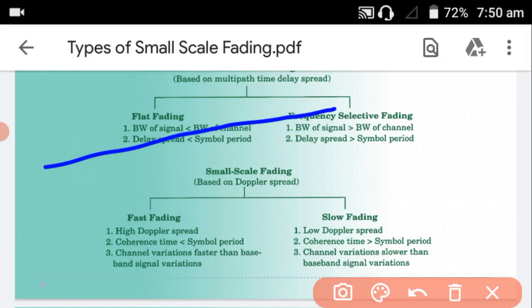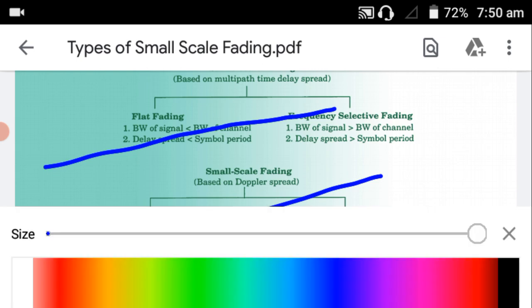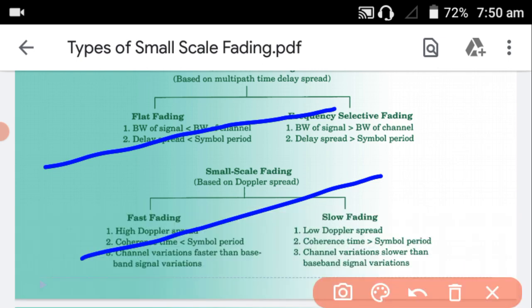Suppose this is the path. This is the bandwidth of the channel, through which we can transmit the signal. The blue portion shows the bandwidth of the channel, and red shows the bandwidth of the signal.